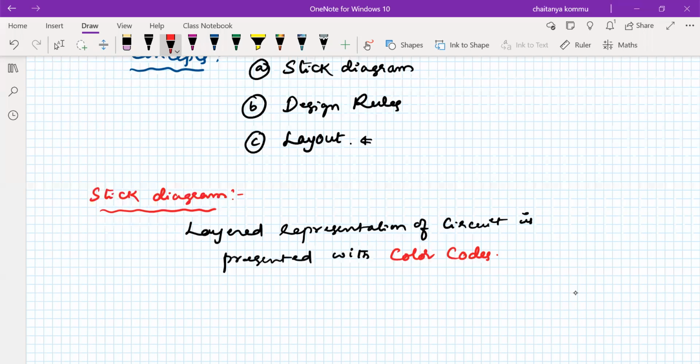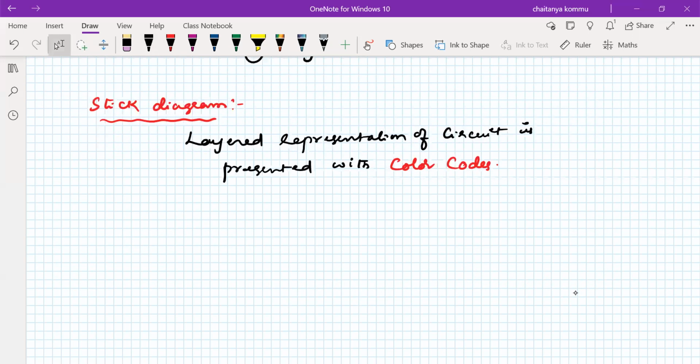Okay, what does it mean? For example, what is the layer that we normally use for the polysilicon? For the polysilicon, we use a layer that is represented by a red color. A simple one line is representing a polysilicon.